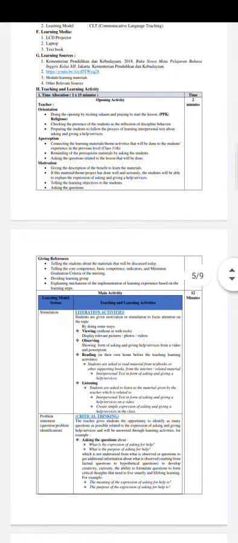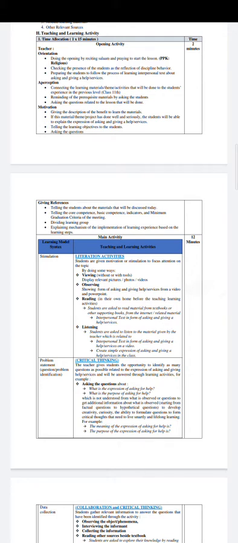Perception: connecting the learning materials to the students' experience in the previous level, reminding of the progress of the material by asking the students questions related to the lessons that will be done. For the motivation, giving a description of the benefit of learning the materials. If this material is done well and seriously, the students will be able to explain the expressions of asking and giving help or services.